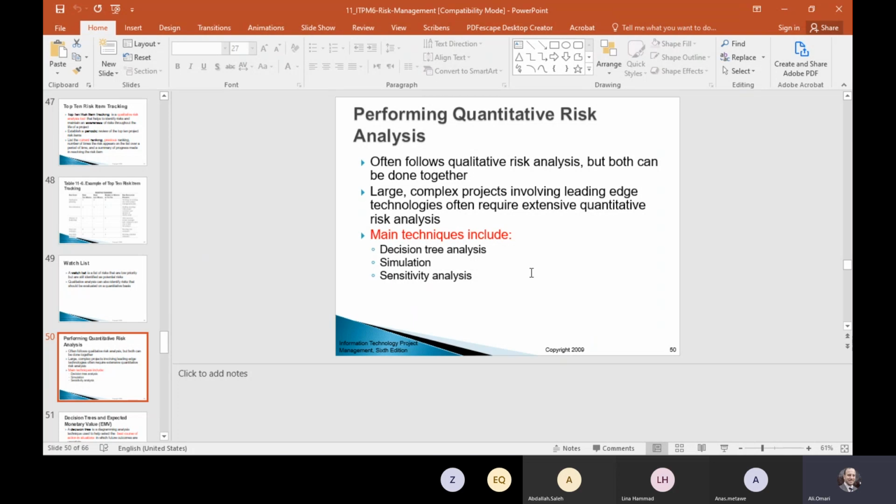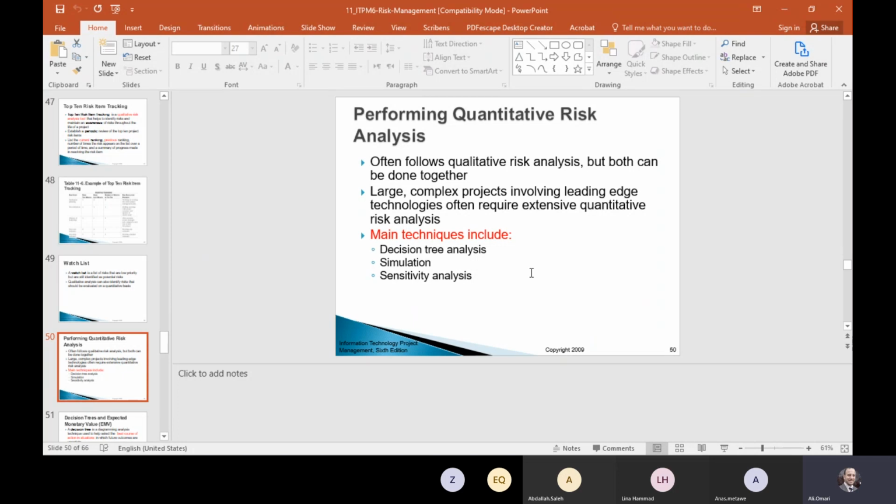Performing quantitative analysis evolved from the qualitative analysis, but we can do both quantitative and qualitative analysis at the same time. For large and complex projects, you really don't want to get into quantitative risk analysis unless the project is very large.